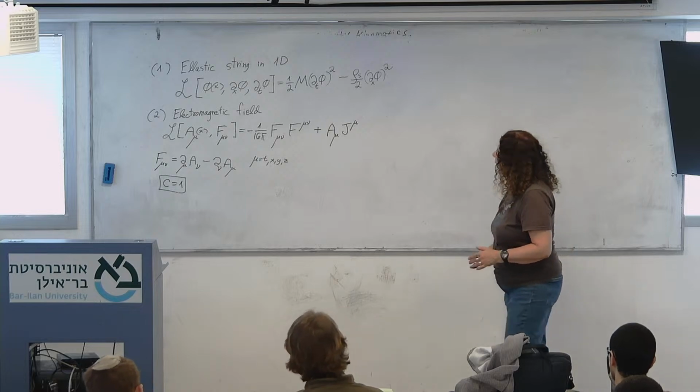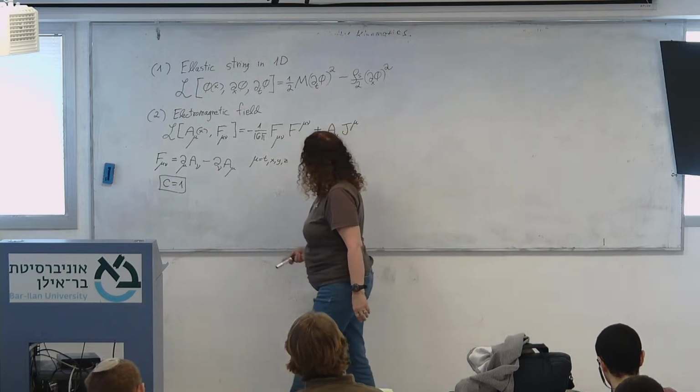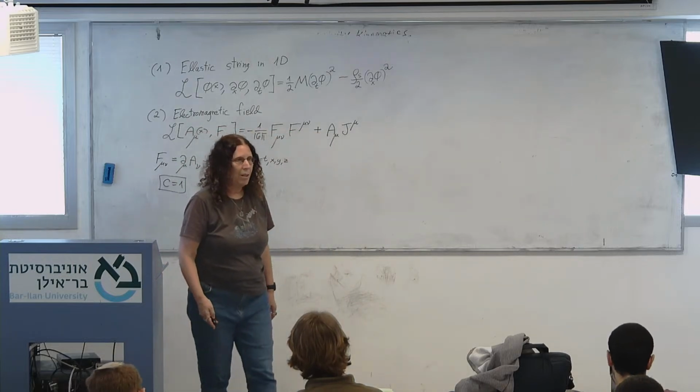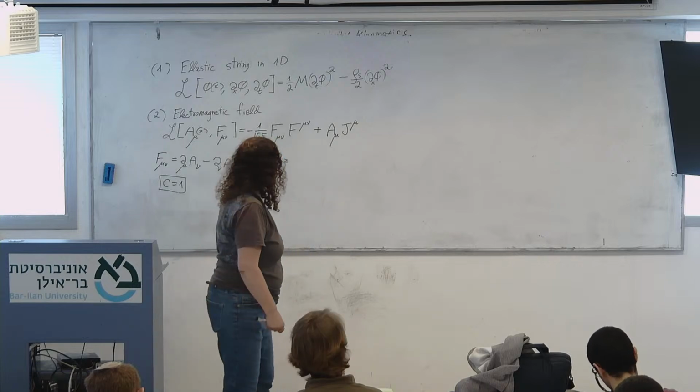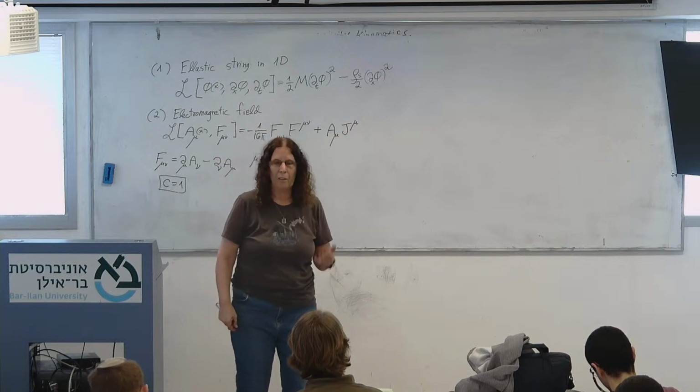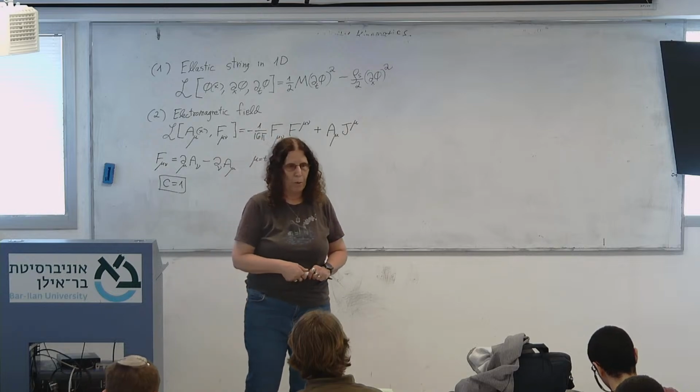And then you'll see that by doing so, we are going to basically get emergent degrees of freedom that are in fact the true degrees of freedom of the problem.